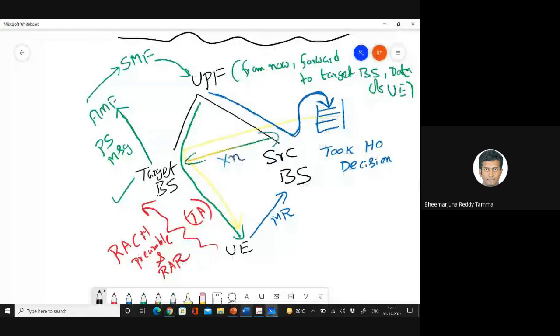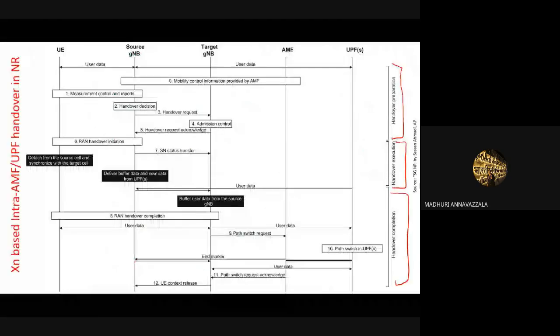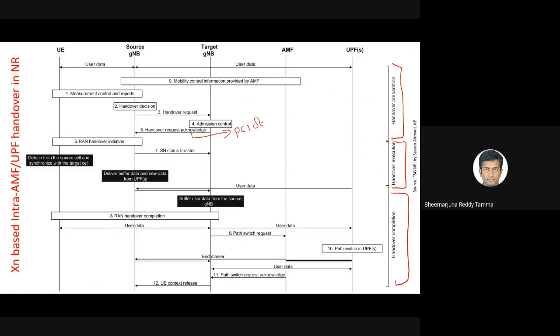The base station is basically seeing if it has available resources to admit the UE, and if yes, then it sends an acknowledgement to the source saying that it can admit. But the acknowledgement carries something very important. That's what I was telling.